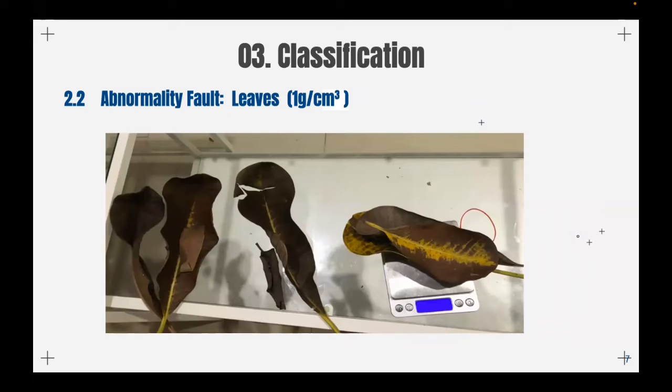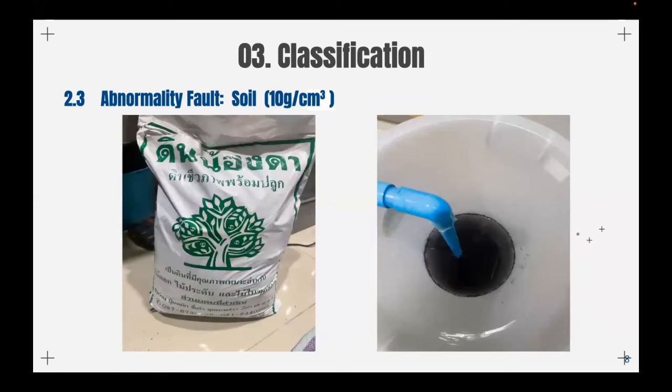Next, the leaf test was separated into 3 sets of experiments by constantly inserting 1 gram per cubic meter of leaf in each set. As well as soil, we inserted 10 grams per cubic meter per set of the experiment.